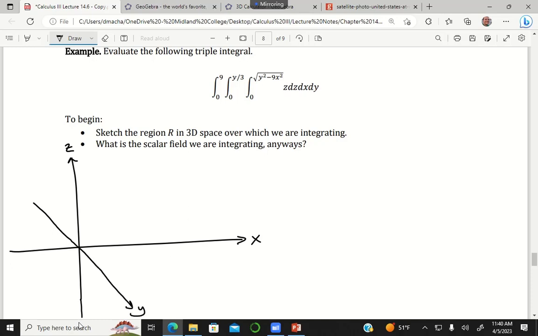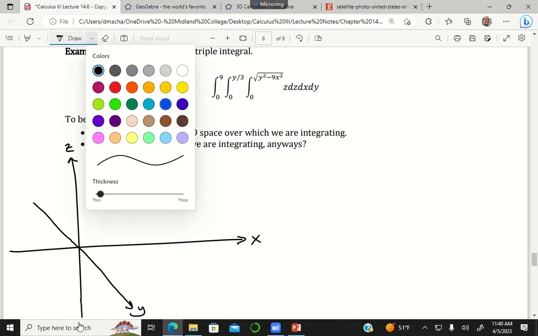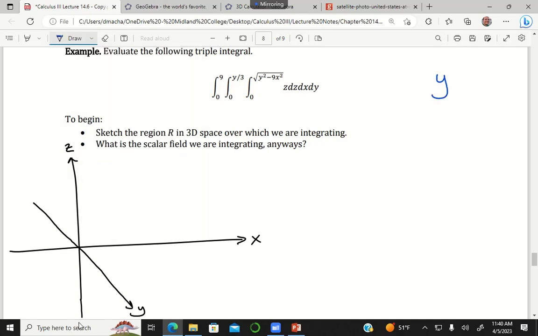The first step is drawing an XYZ space. And what I know about this is that y is allowed to be anywhere between 0 and 9. x can be anything between 0 and y divided by 3.